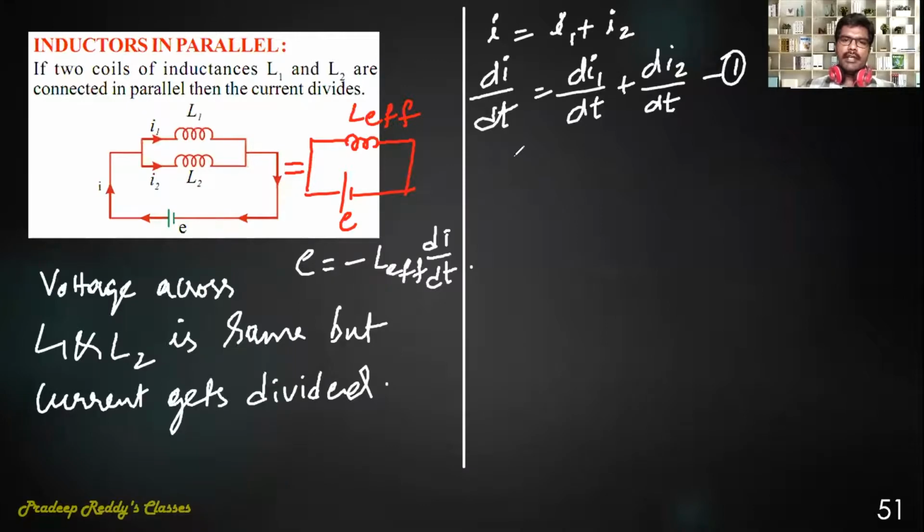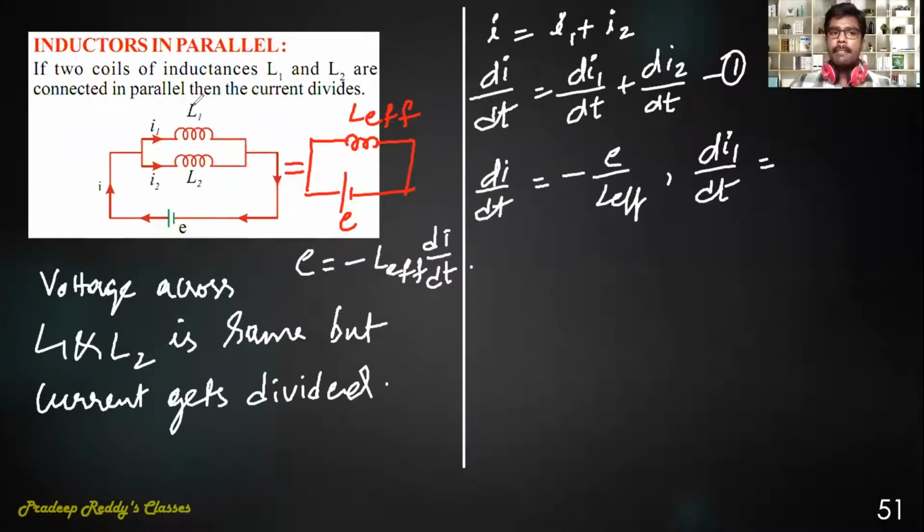So what is di by dt? di by dt is equal to minus E divided by L effective. di1 divided by dt, that means the rate of change of current in the first inductor, will be equal to the voltage provided here, E, divided by its inductance L1.